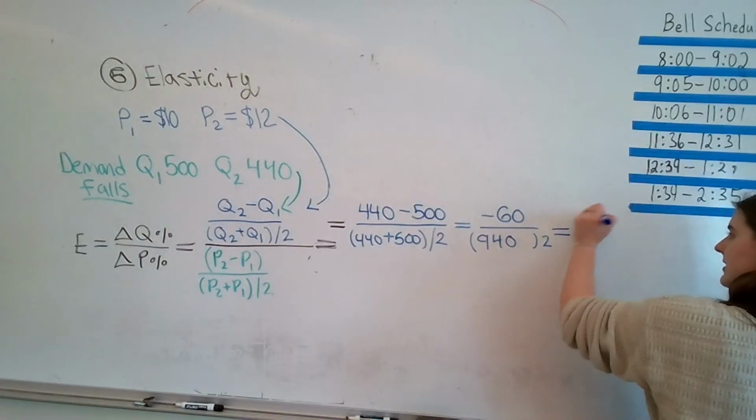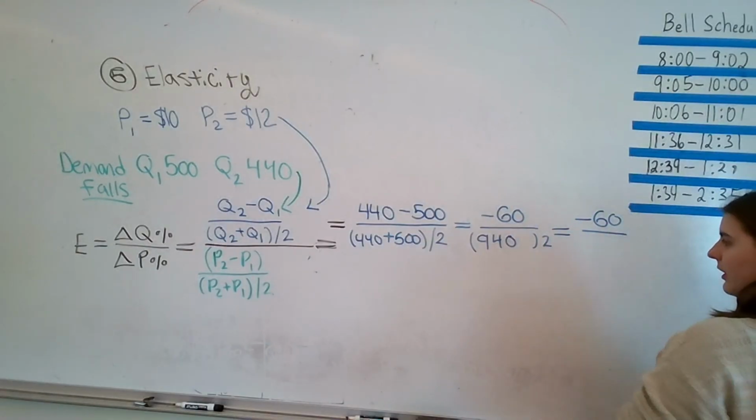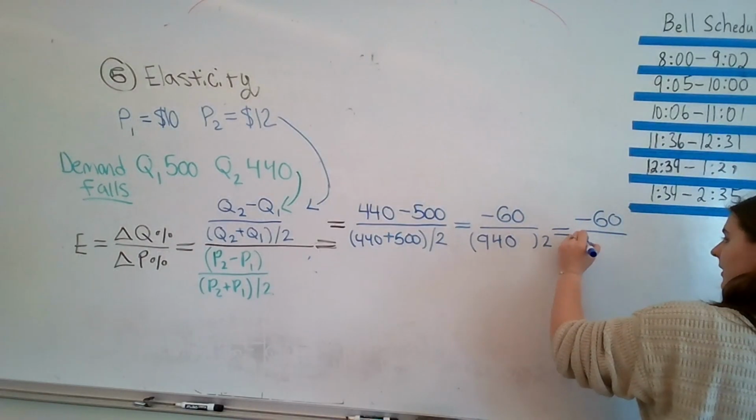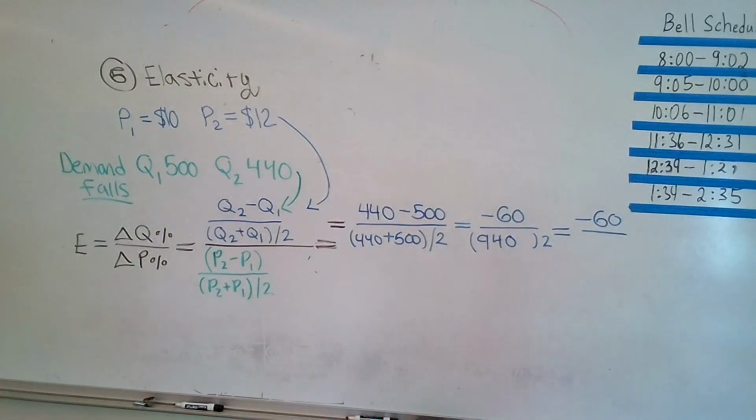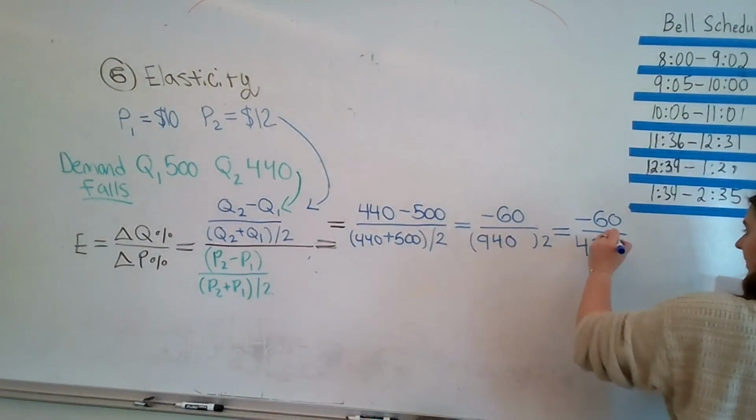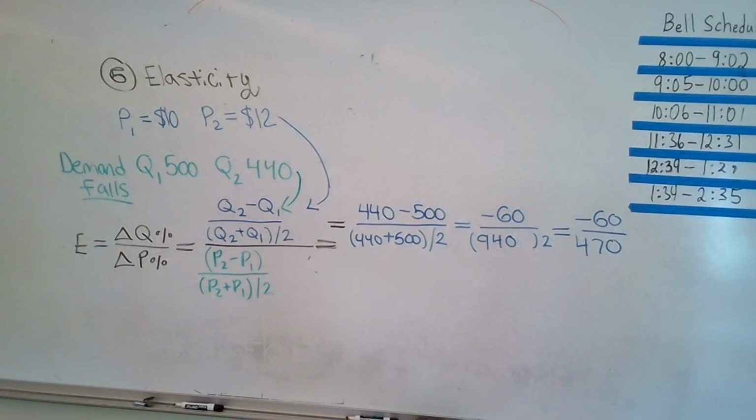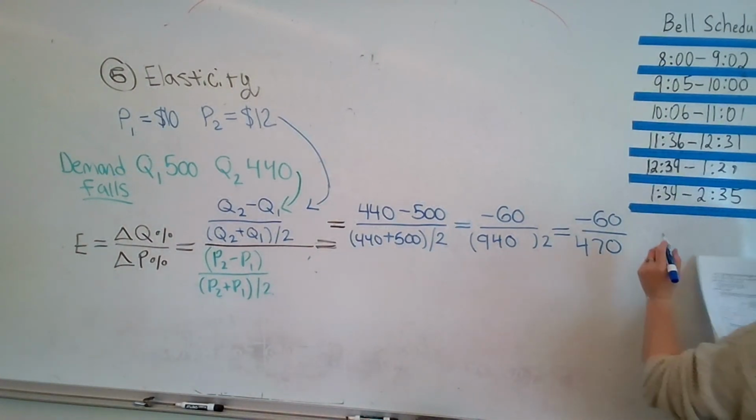What we're going to get is 60 over 470. And then last thing we want to do, divide that.